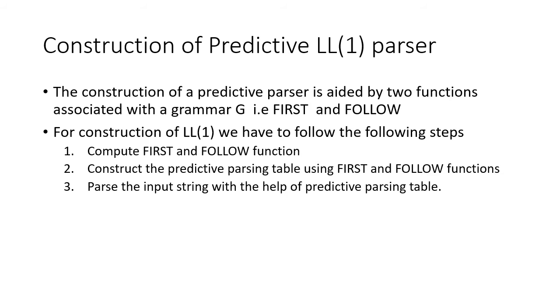Once we have the first and the follow, we can always construct the predictive parsing table, and lastly parse the input with the help of the predictive parsing table. These are the 3 steps for construction of a predictive LL1 parser.